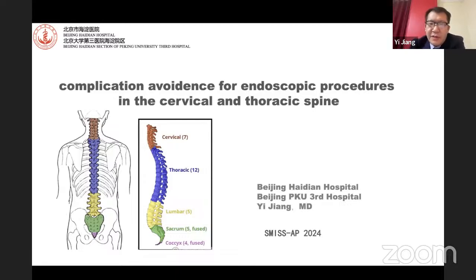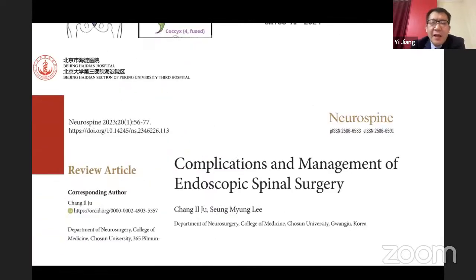The procedure in the cervical and thoracic spine by endoscopy is not as popular as lumbar surgery, because it is very difficult and has some unique complications. Maybe it's a disaster and a nightmare for the surgeon.